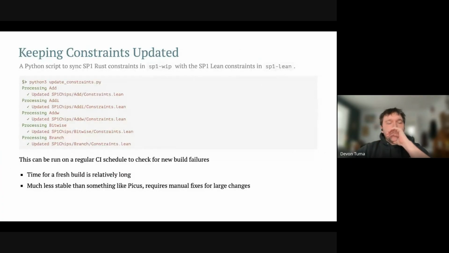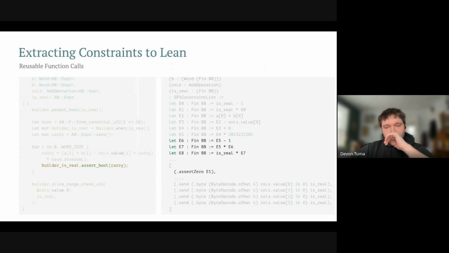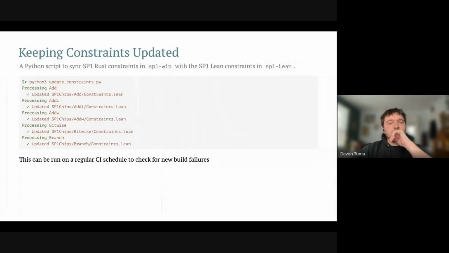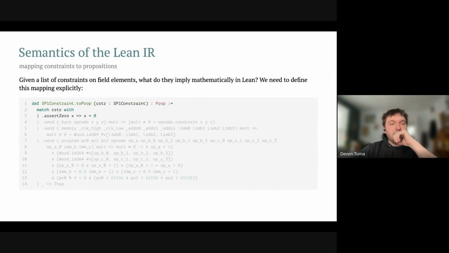Okay. So that covers how we actually get the code into Lean. But the thing that we're getting out now are just sort of meaningless entries or constraints. It's just an enum. So we need to actually associate some kind of semantics to it.